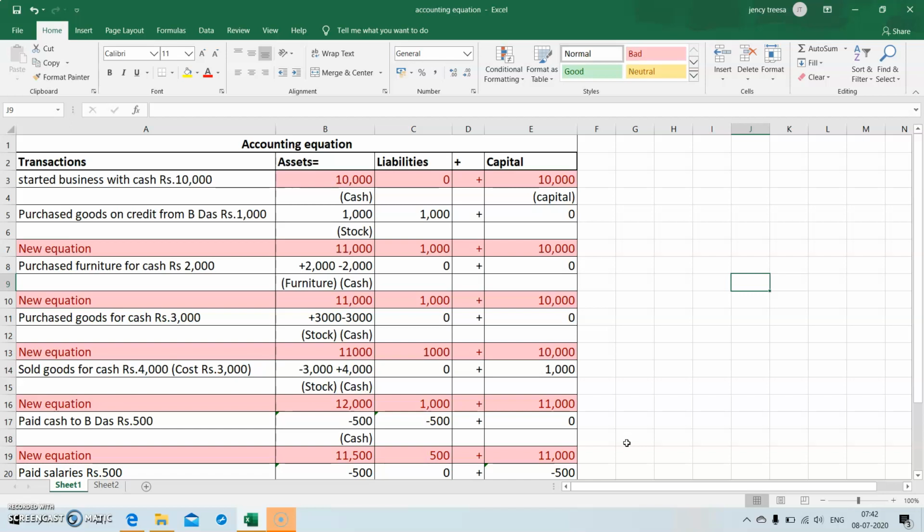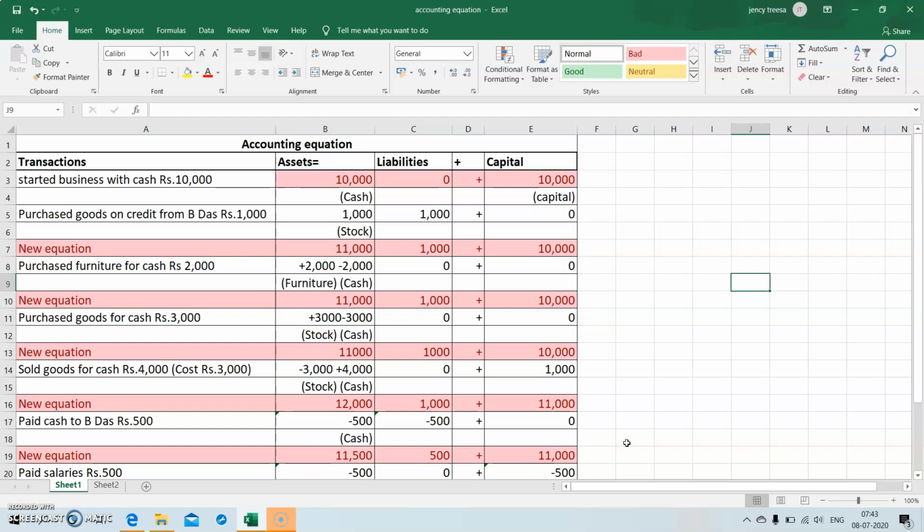Now, sold goods for cash, rupees 4,000, cost rupees 3,000. Most of the time we'll be selling at a profit only. So we sold goods for cash at rupees 4,000, but that cost us only rupees 3,000. We have already purchased goods on credit and cash from various people for trading purposes.